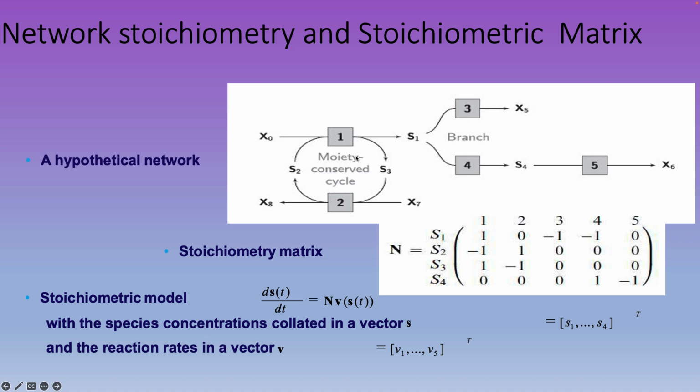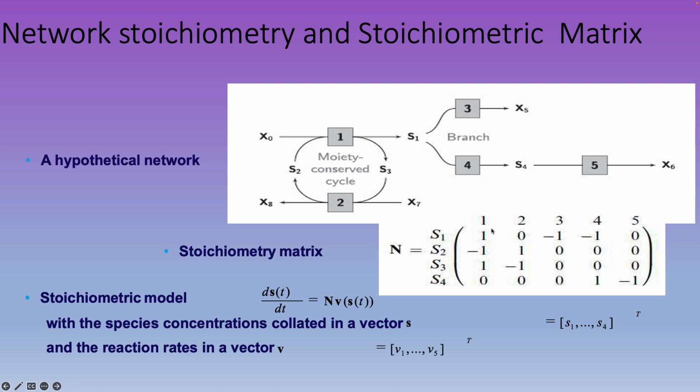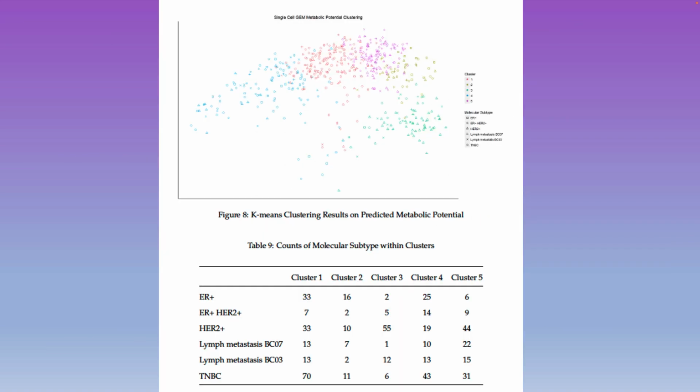Based off reaction one, we're consuming something and producing a 3 and a 4, and so we can start to fill out this matrix, and by filling out this matrix we can actually model the dynamics of the system.